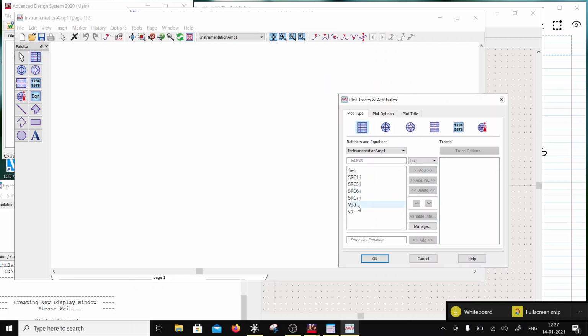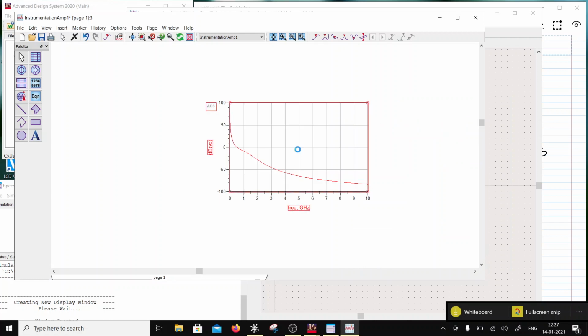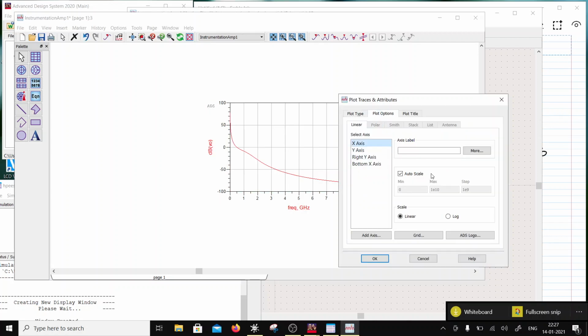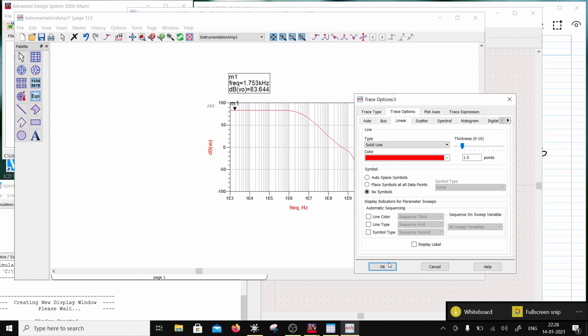So I expect the output to be around 83, right? So V out dB, and here I am going to put a log scale on the x-axis, and I will put here a marker. Okay, so this is an 83 dB gain, as you expect.